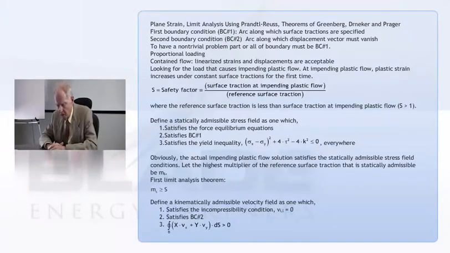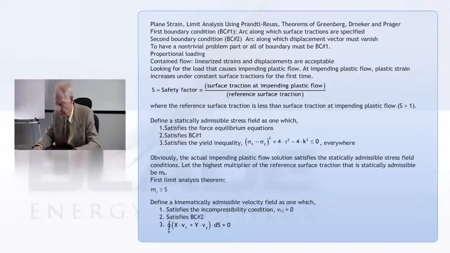Okay, then this factor of safety S is the ratio of these actual collapsed loads, if you want to call them that, or impending plastic flow loads, to whatever this reference load you've got is. So in actuality, if you just take a tiny load, your safety factor could be 100, could be 1,000,000. And they say, well, it has to be greater than 1.